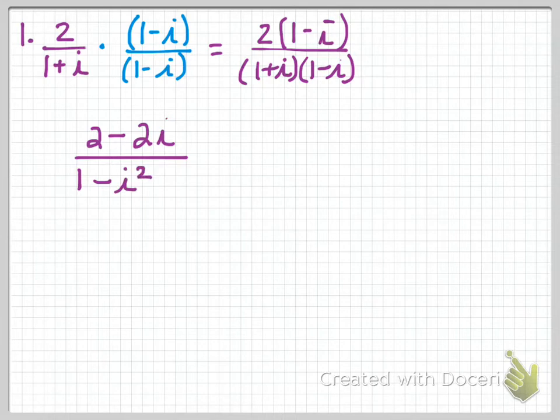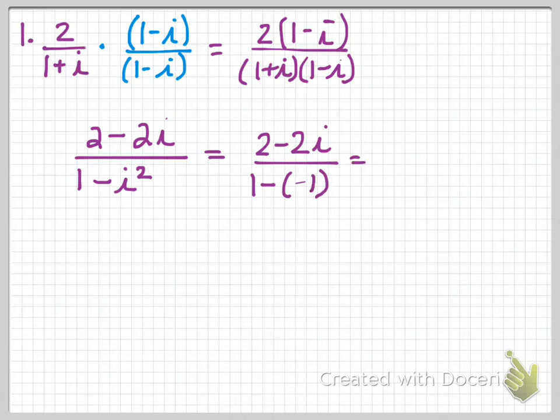And we know that i squared really equals -1, so that goes to 2 minus 2i over 1 minus -1, which is the same thing as 1 plus 1, which is 2. And then we can divide this whole thing by 2, so if we cross out all the 2's, our final answer is 1 minus i.